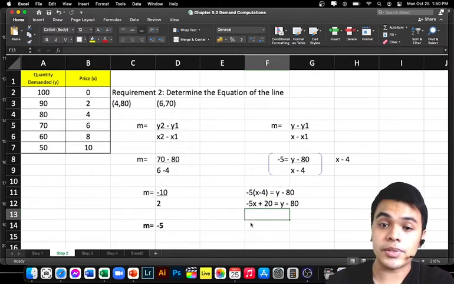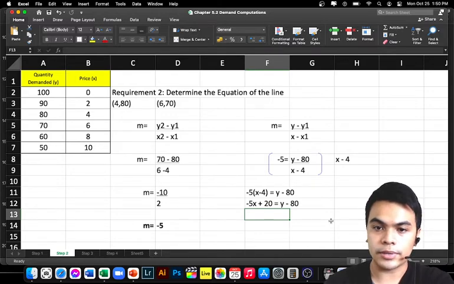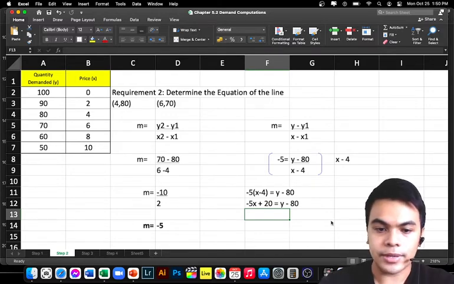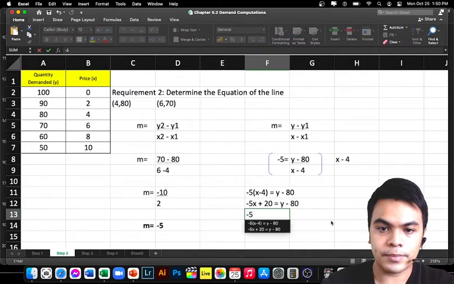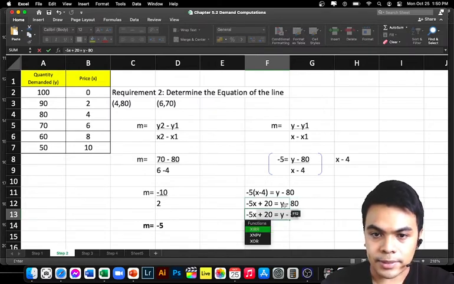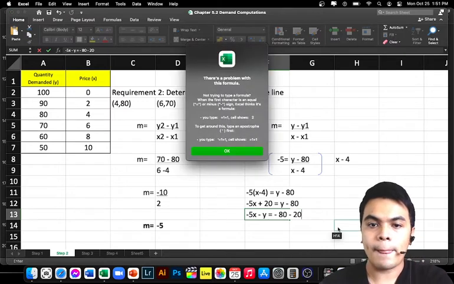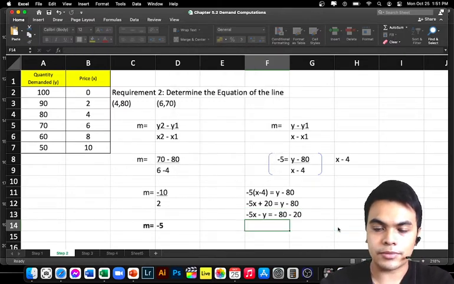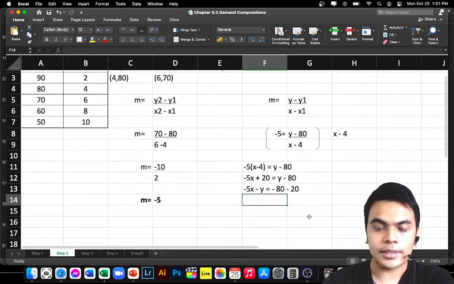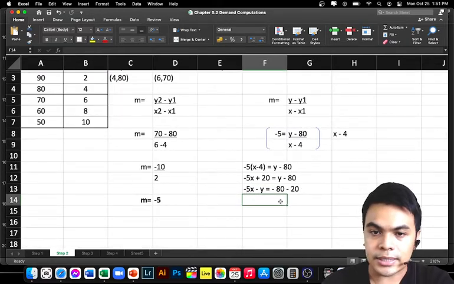Alright, so let's transpose this one on the other side. So we have negative 5x, tapos ilipat natin din si y sa kabila. So minus y is equal to negative 80 minus 20. Alright, if you notice, all terms are negative.